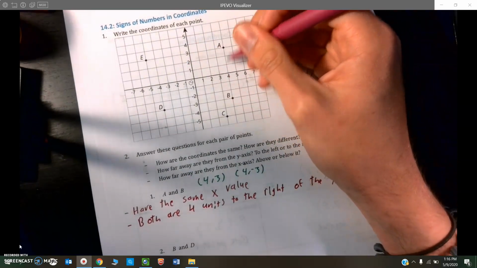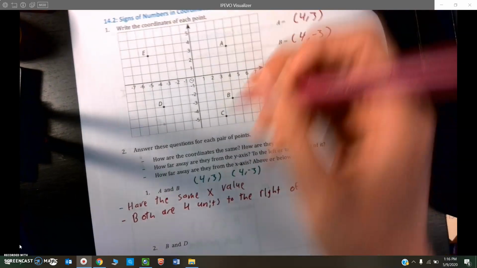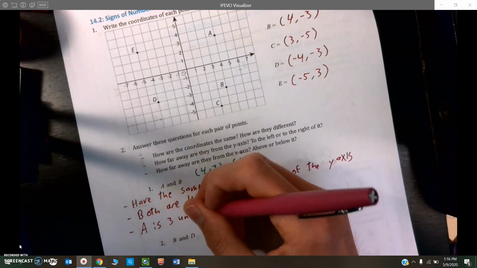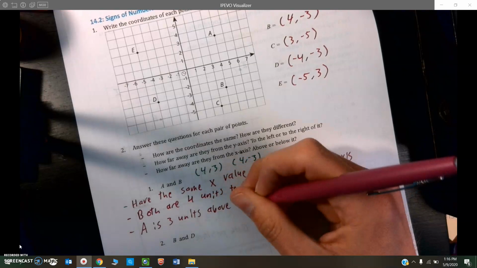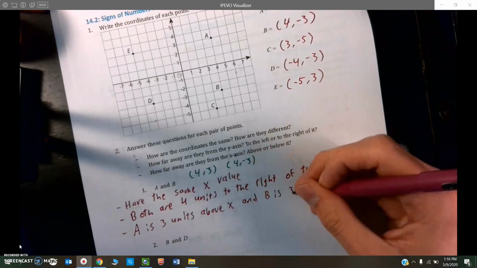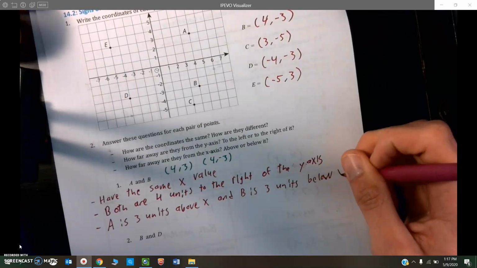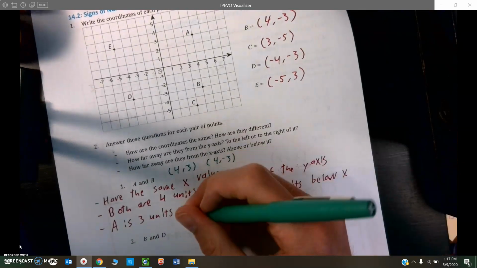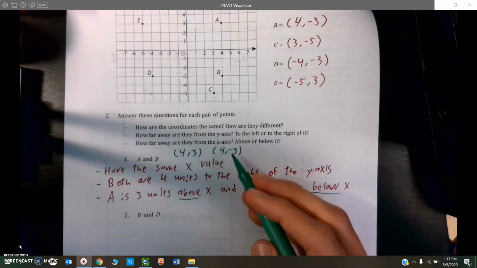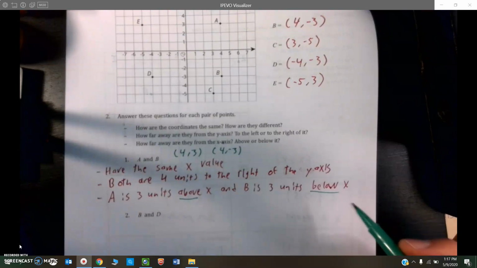Well, A is 3 units away, 3 units up, and B is also 3 away, but 3 down. So A is 3 units above x, and B is 3 units below x. That's because A had that positive y value and B had that negative y value. That's why it is below the x.